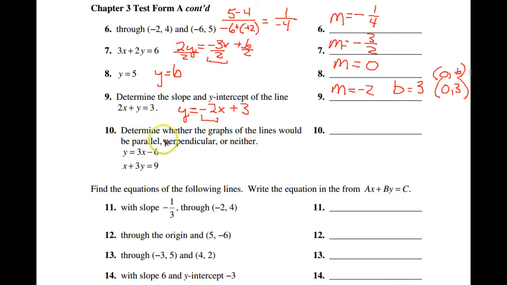Now determine whether the graphs are parallel, perpendicular, or neither. Well, we have to compare the slopes here. This one, the slope is 3. Now here, as I solve, a negative x plus 9, I divide everything by 3.